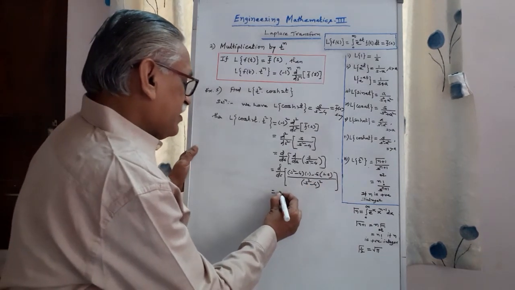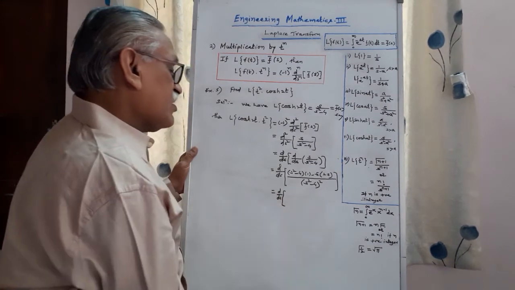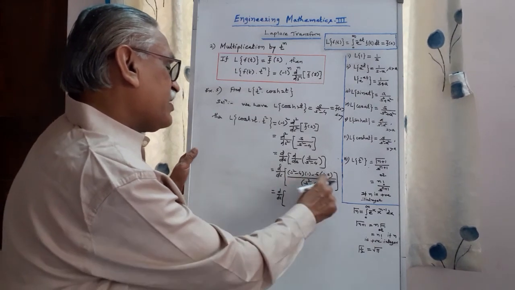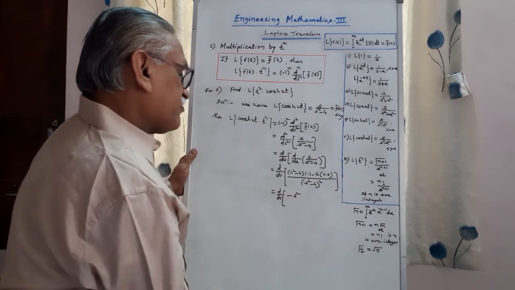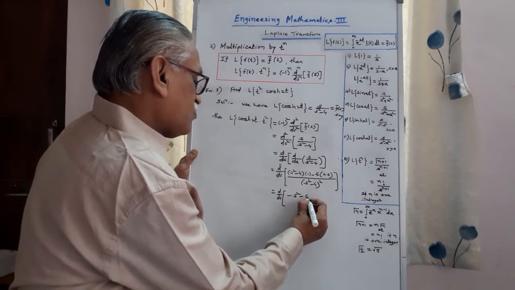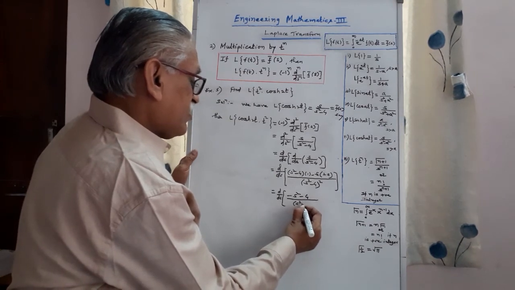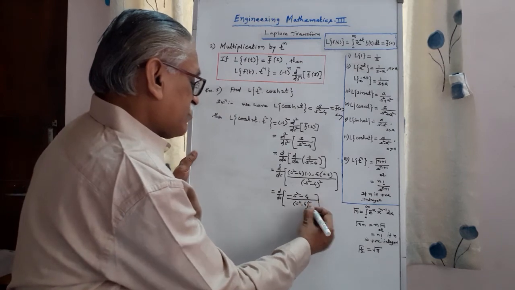It is d by ds of, simplified, it is s square minus 2s square, we get minus s square minus 4 divided by s square minus 4 bracket square.